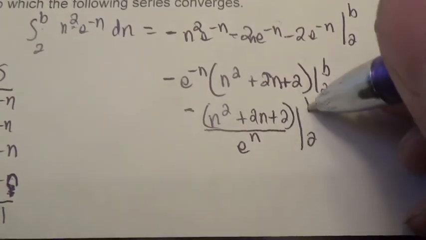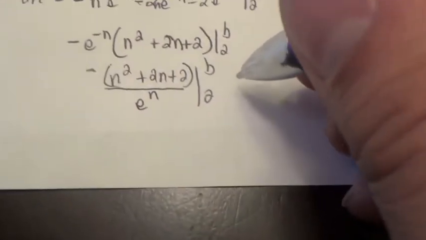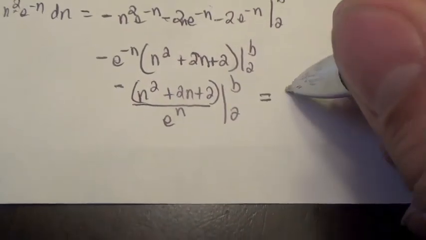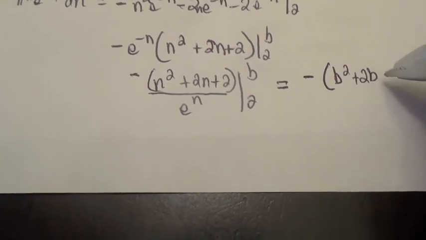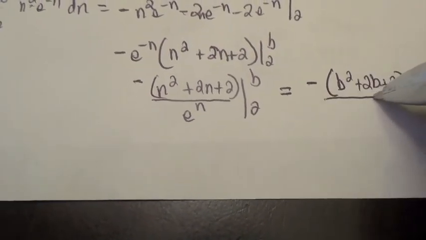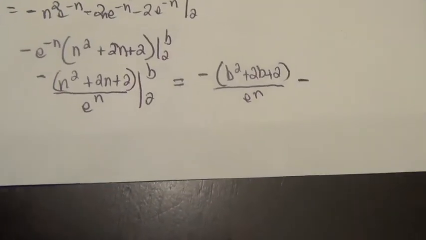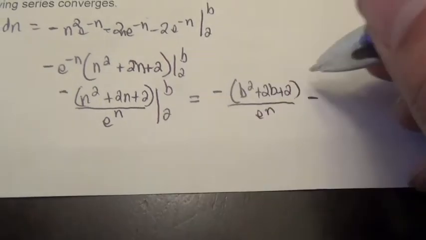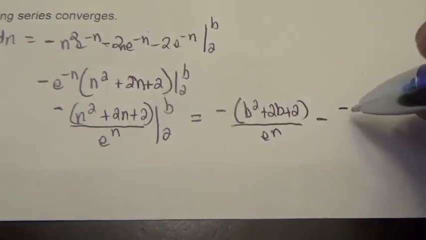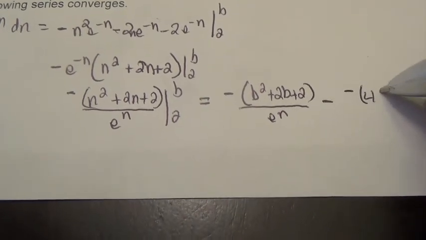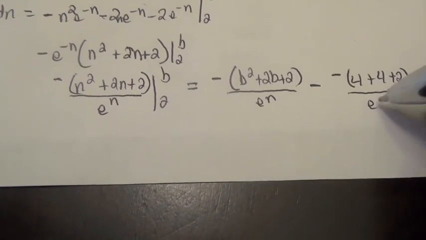So we still have this 2 to b, and then plug in your upper and your lower. So you're going to get a negative, plug in the upper limit, b squared plus 2b plus 2 all over e to the b, minus the negative, and then you plug in 2 for all of those. So you're going to get 4 plus 4 plus 2, all divided by e to the 2.